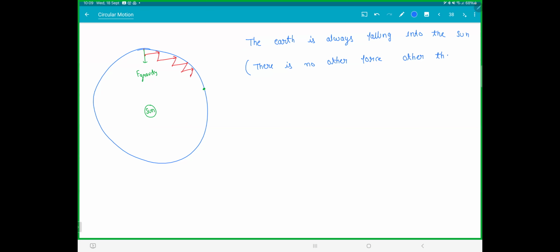We can say it gives you an illusion. See, if it was cancelling out, shouldn't Earth just stay at the same place? It is going, it is not at rest. Other than gravity, Earth is not in equilibrium. But due to its velocity, it gets back on the circle.